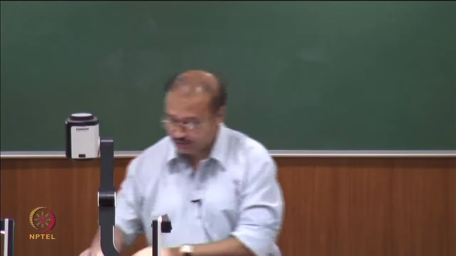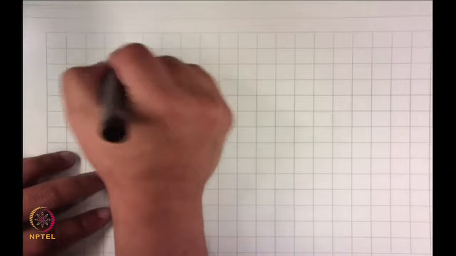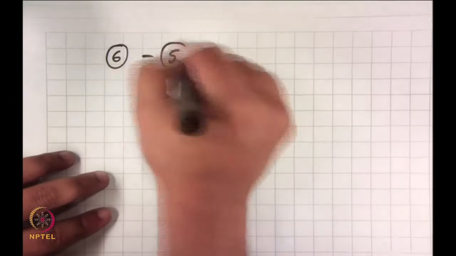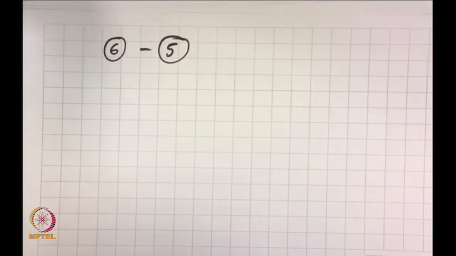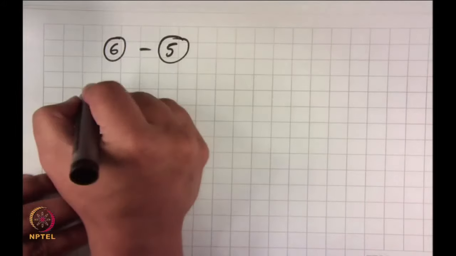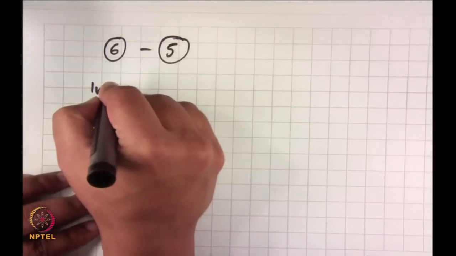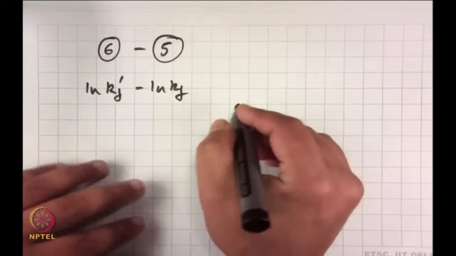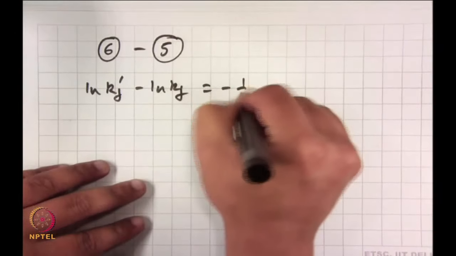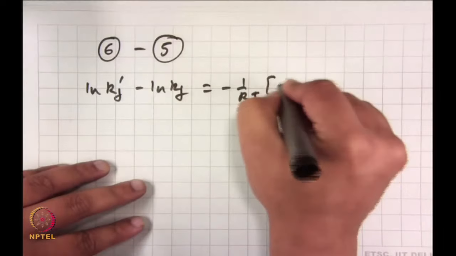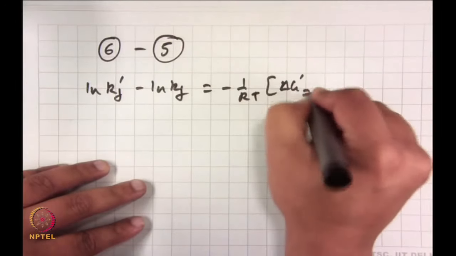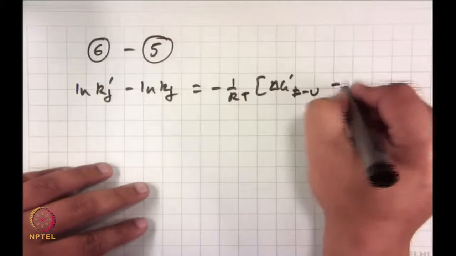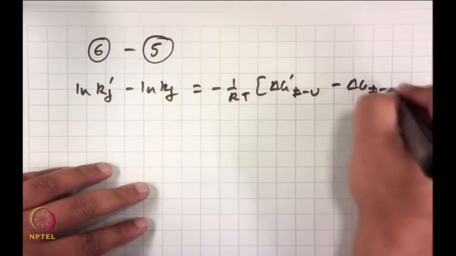So, what I now do is, I do 6 minus 5. If I do that, then I have natural log k f prime minus natural log k f is equal to minus 1 by R T delta G prime u minus delta G u.